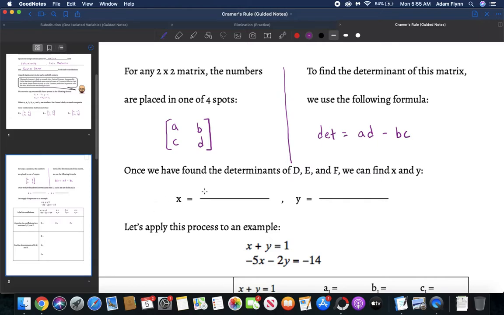Once we have found these determinants of D, E, and F, we can find x and y by dividing, for x, the determinant of E by the determinant of D. And to find y, we're going to take the determinant of F and divide it by, again, the determinant of D.